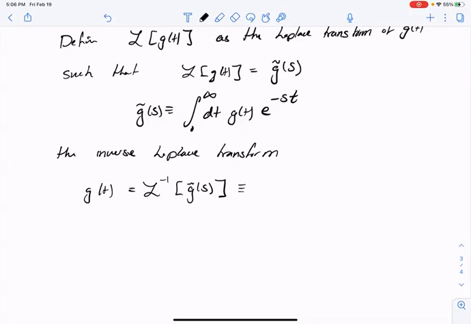It is given by a contour integral, with a factor of 1 over 2 pi i, over the Laplace domain L, of the Laplace transform function g tilde of s, e to the positive s t.